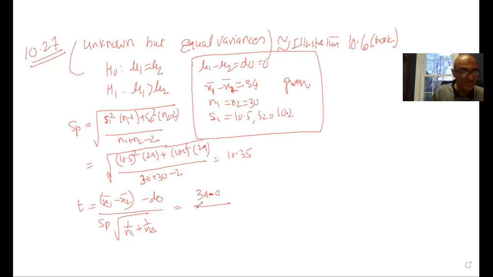Okay, so minus 0 sounds good. And here it is 10.35, that is my SP, times the square root of 1 over 30 plus 1 over 30. And if you use your calculator, you're going to get that is equal to 12.72.